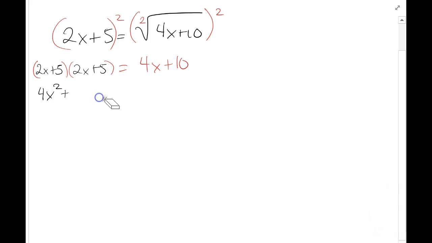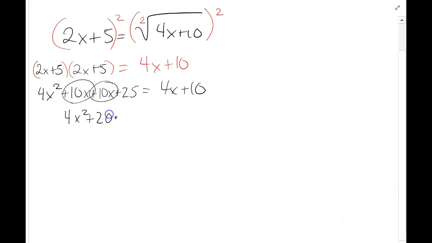Actually, I'll do this one step at a time so you guys can see it. So 2x times 5, 10x, and then the middle 5 times 2x, another 10x, and then the last 5 times 5 is 25. And let's combine like terms on each side. Well, here I've got a 10x and an x and x here, and that'll become 20x. That's how I got 20 in the last step, in case you were wondering.